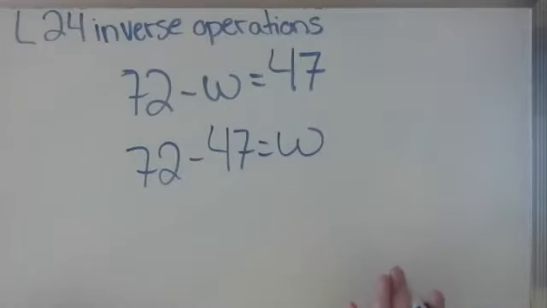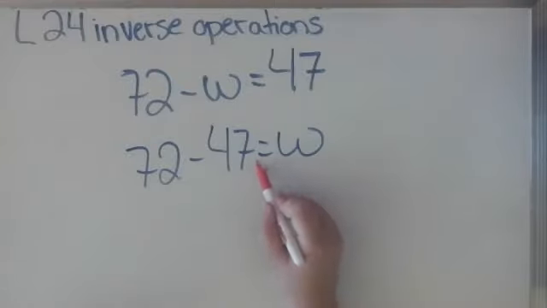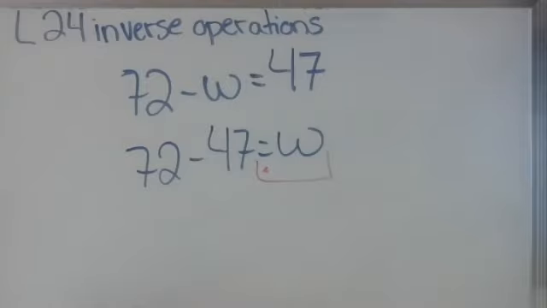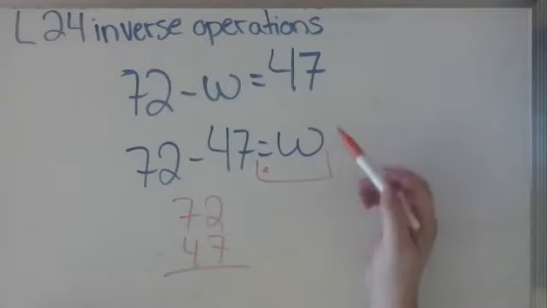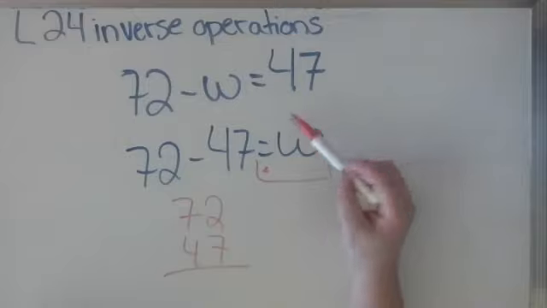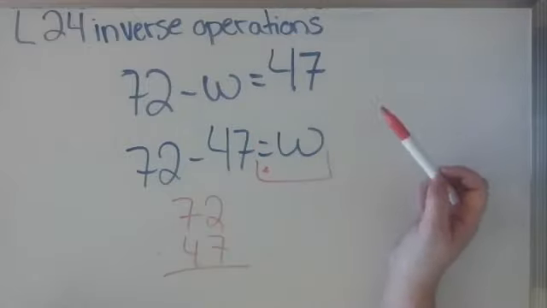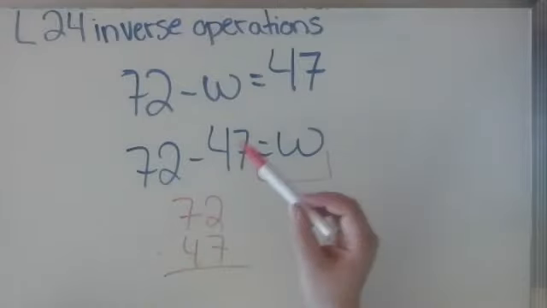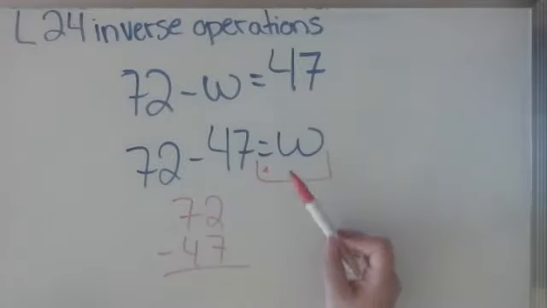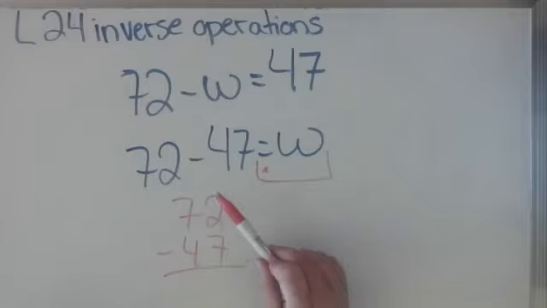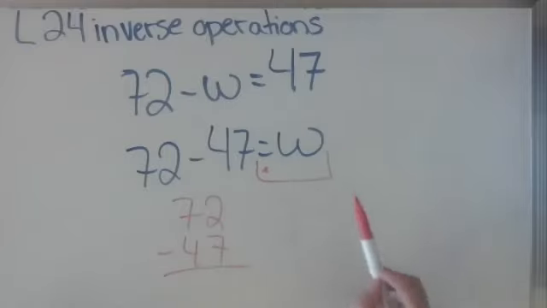I don't need to go into addition because this now tells me it equals w. That's what I'm looking for. So what I need to do is take 47 away from 72. As you see, for some of the subtraction ones, as soon as you put it into another subtraction fact, you're done. You don't need to do your addition facts. This rearranged into another subtraction has given me my answer. 72 take away 47 equals w.